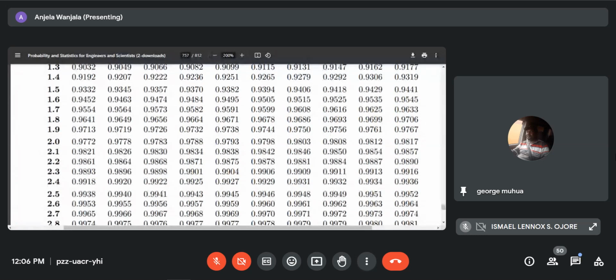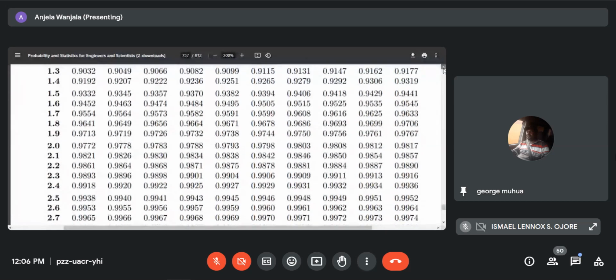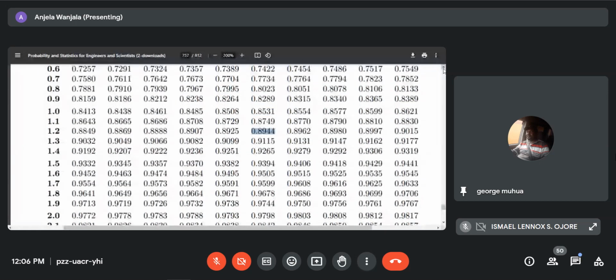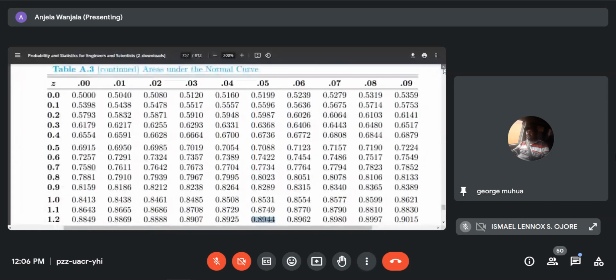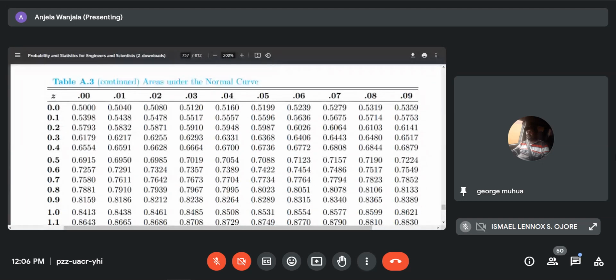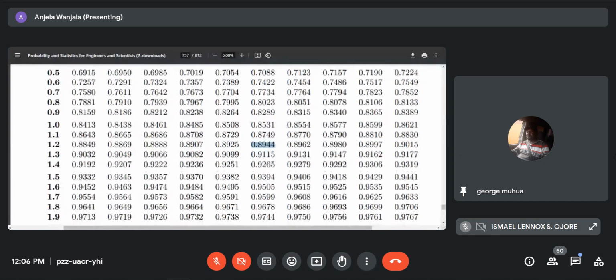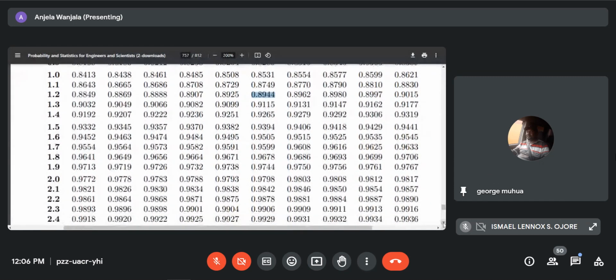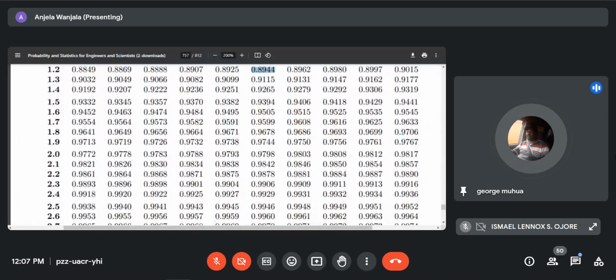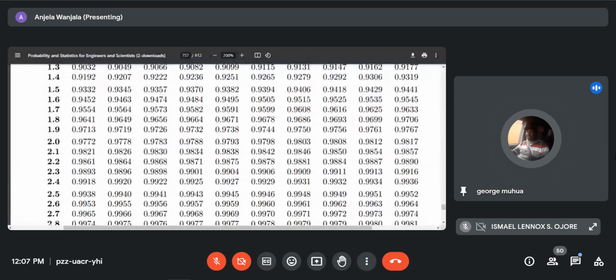And then 0.05 for the columns, it's here. This is the column for 0.05. So you go down up to where you have the Z value as 2.7. In other words, they have to be 2 decimal places.